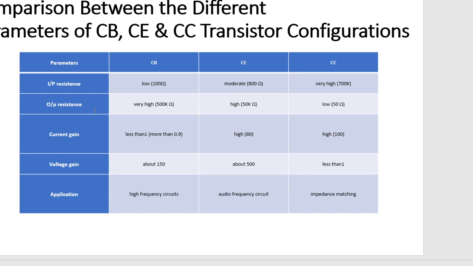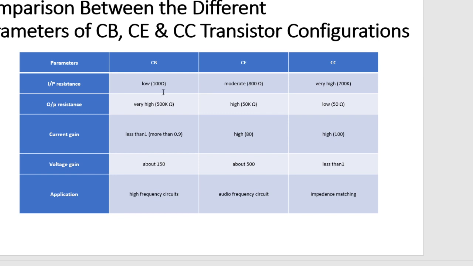The output resistance of CB is very high, approximately greater than 500 kilo ohm. The current gain, as I already explained, alpha is always less than 1, for example 0.98. It offers a very high voltage gain, around 150.